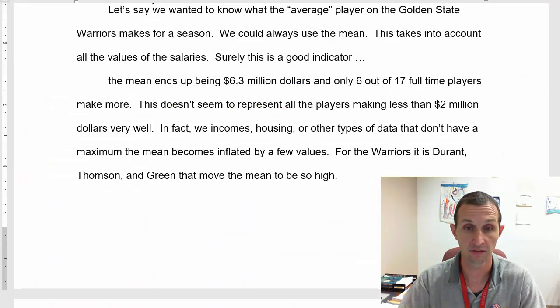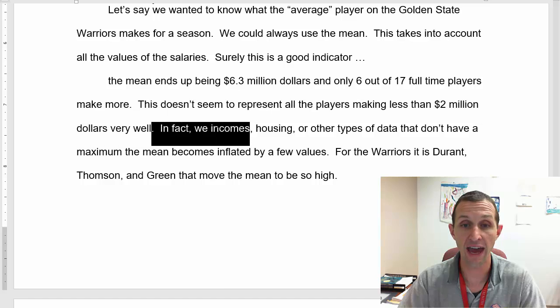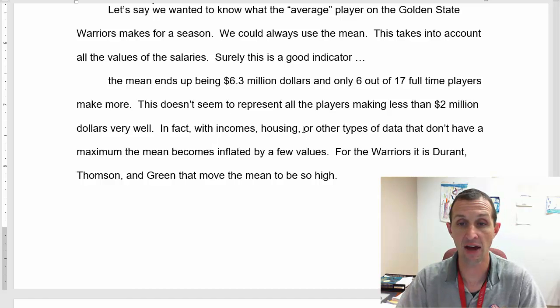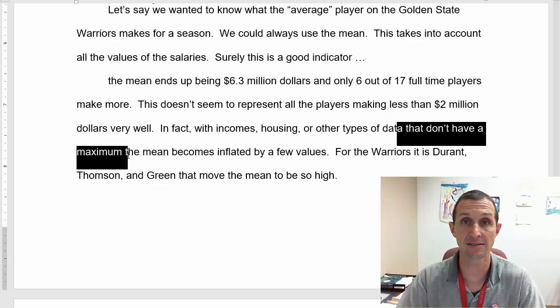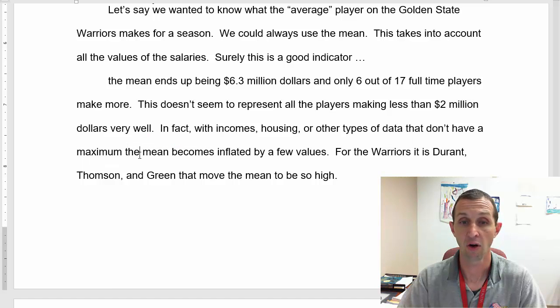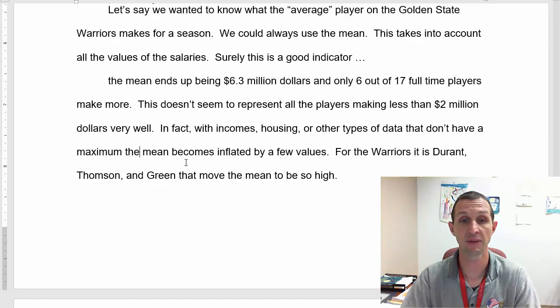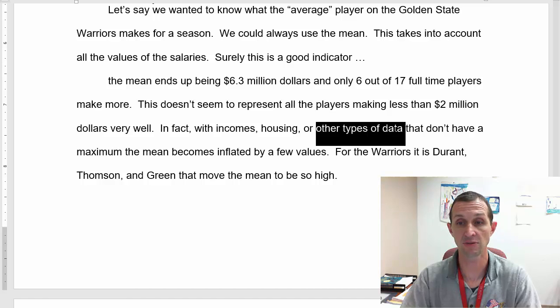That's crazy talk. Okay? So, in fact, with incomes, housing, or other types of data that really don't have a maximum, right? Like, home prices go way up. Think about some of the incomes that like Bill Gates or Warren Buffett or some of these guys make, right? Other types of data.